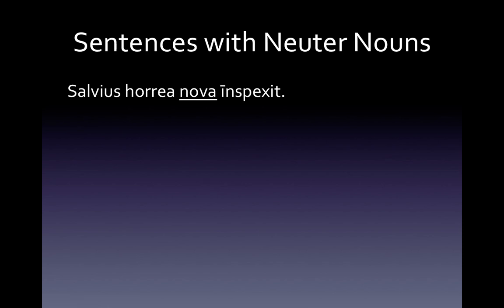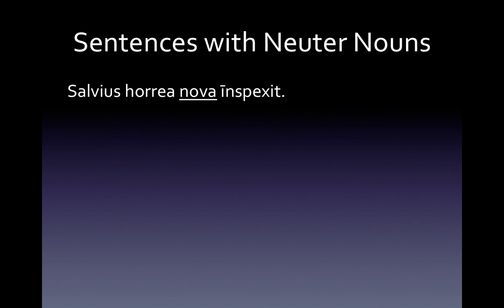Remember, adjectives will match their nouns in case, number, and gender. Nova could be a couple of different things. It could be first declension, it could be nominative singular, feminine. It could also be, if it were modifying a neuter noun, nominative or accusative plural. So out of those three possibilities, the only one that we have here is horrea.